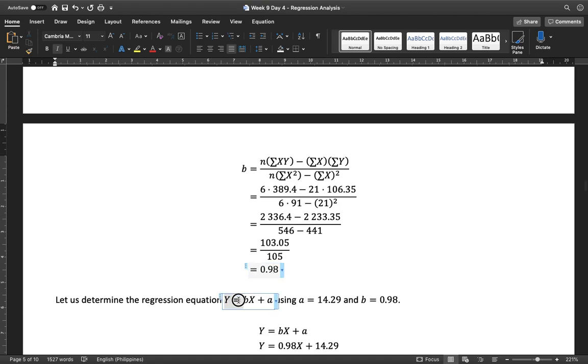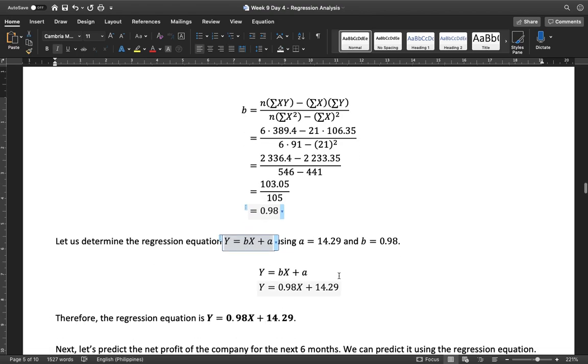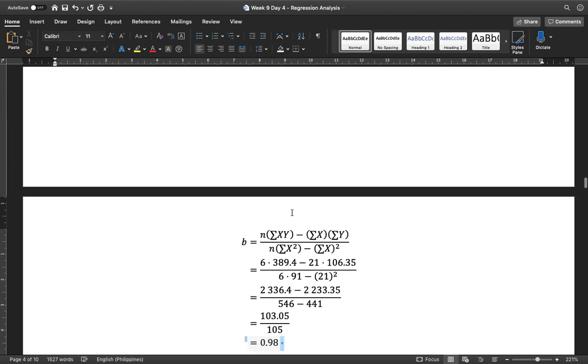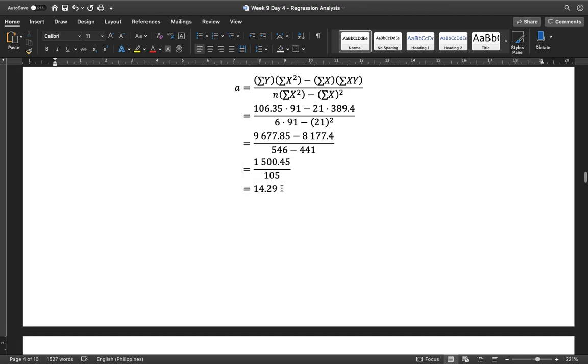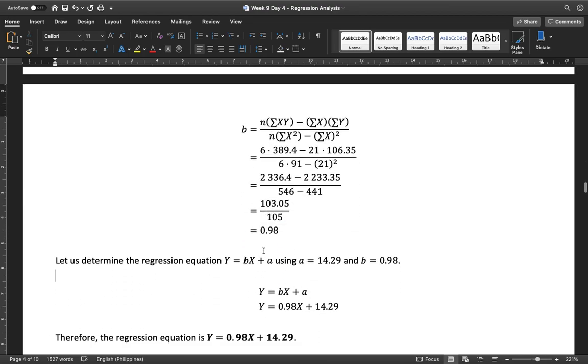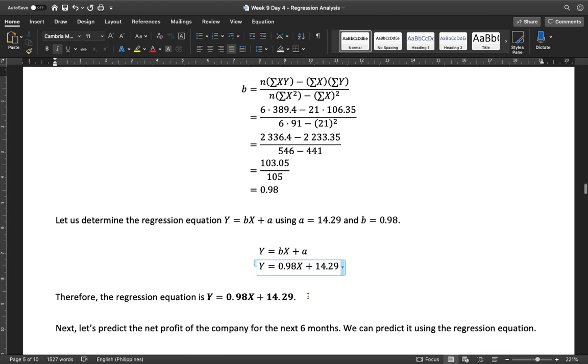Kunin mo yung regression equation, substitute mo yung A and B. Remember yung A ay 14.29. Yung B ay 0.98. So, the equation is y equals 0.98x plus 14.29. So, that is our regression equation.